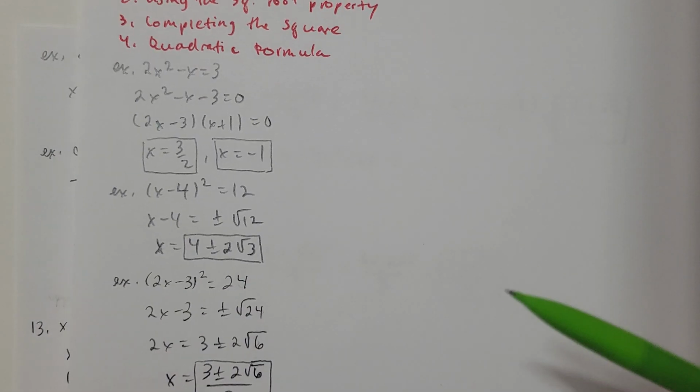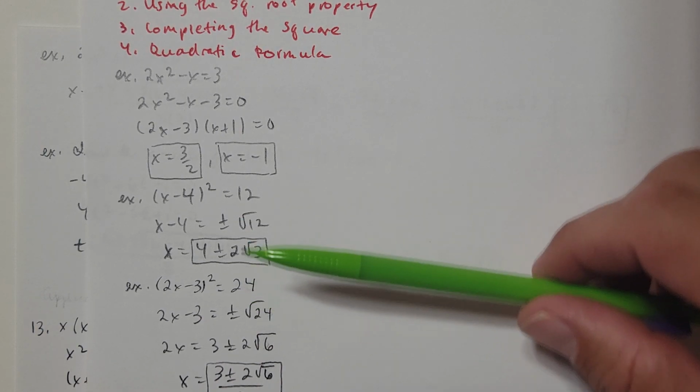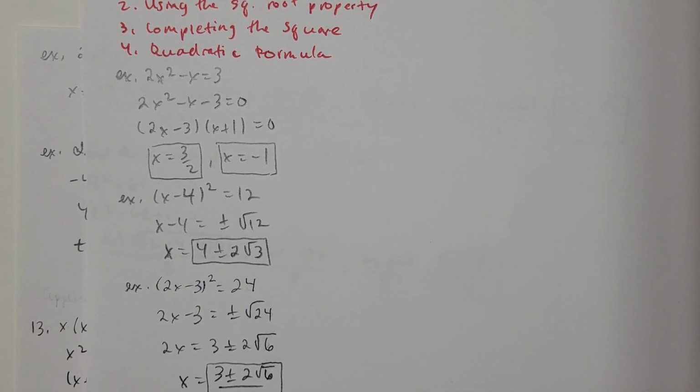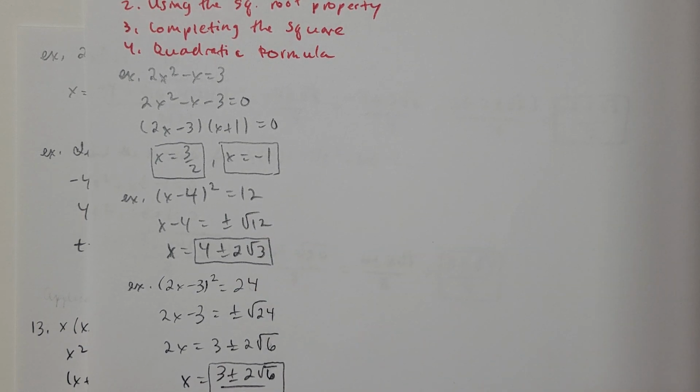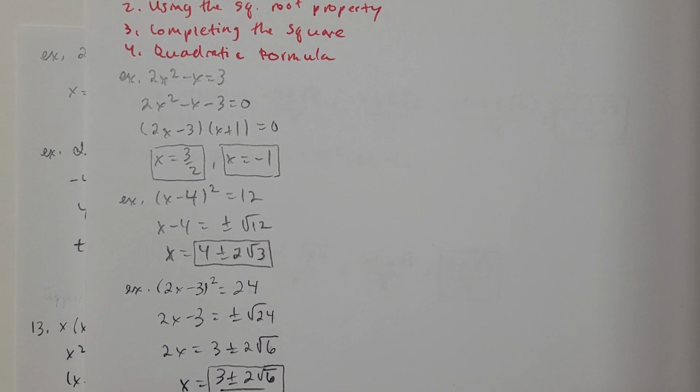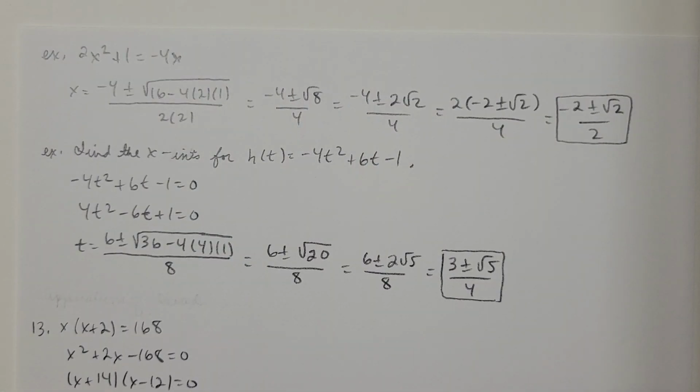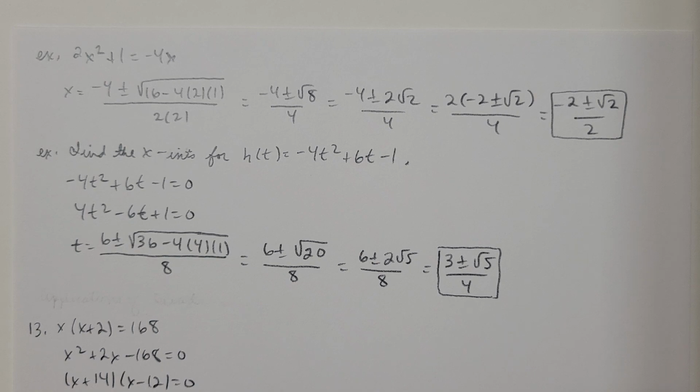Like with these examples, I'm all set up to take the square root of both sides, so why don't we use the square root property there. The square root property is kind of its own thing though. And then as a last resort, there's the completing the square method. We prefer not to use the completing the square method.